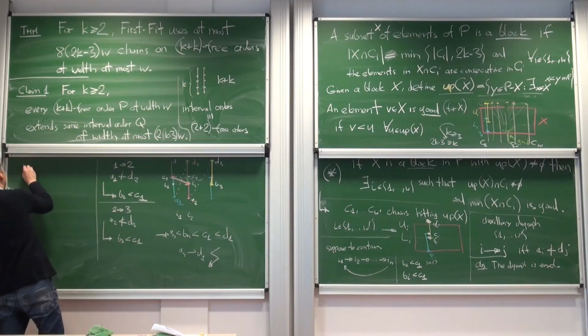So take I in one double prime that is a sink in the diagram.